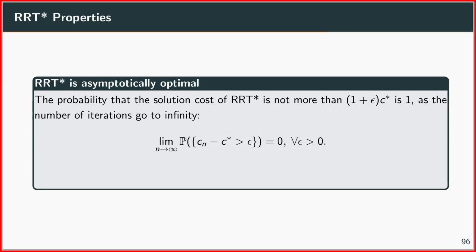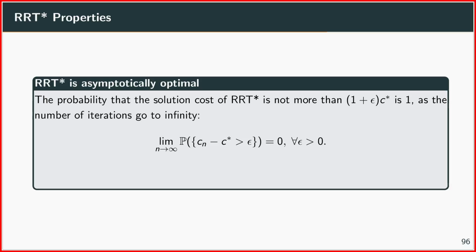Okay. And what the authors of RRT star actually proved is that this algorithm is asymptotically optimal. Asymptotically optimal means that the probability that the solution cost of RRT star is not more than 1 plus epsilon times c star is 1 as the number of iterations goes to infinity. Epsilon is some arbitrarily small number, and c star is the cost of the global optimal solution path.